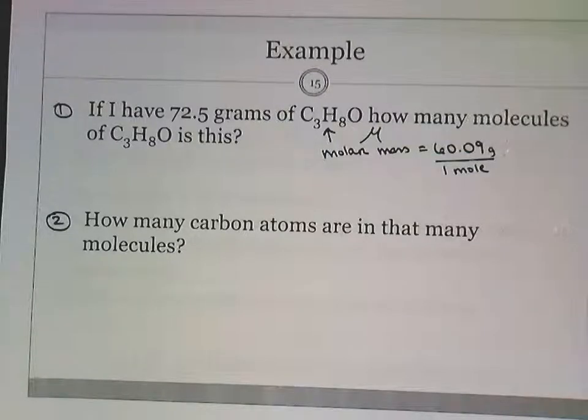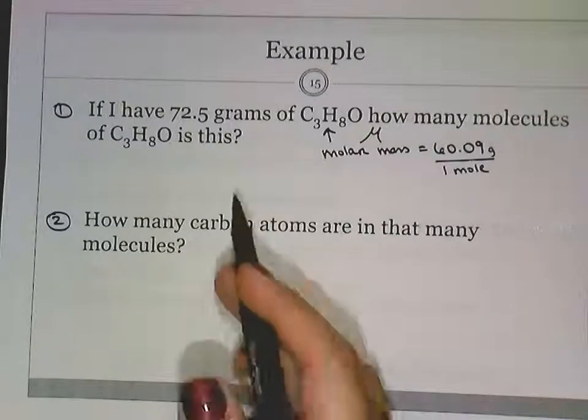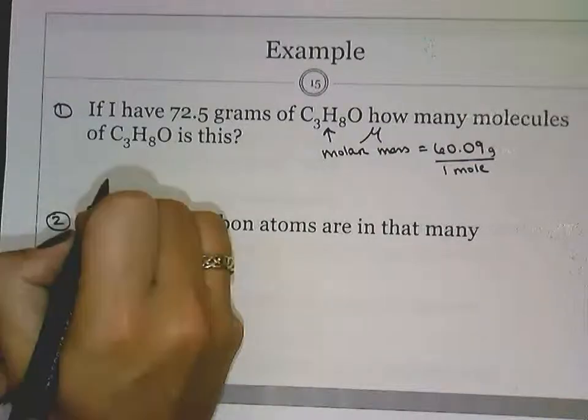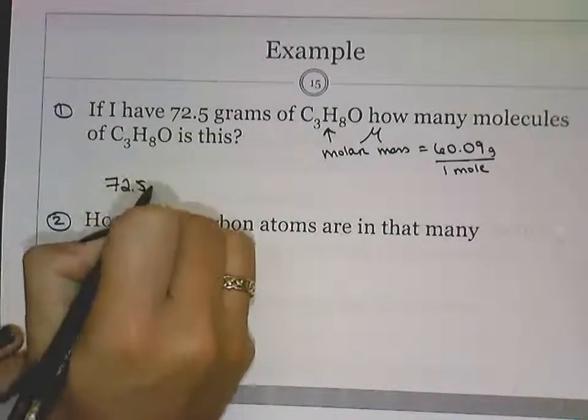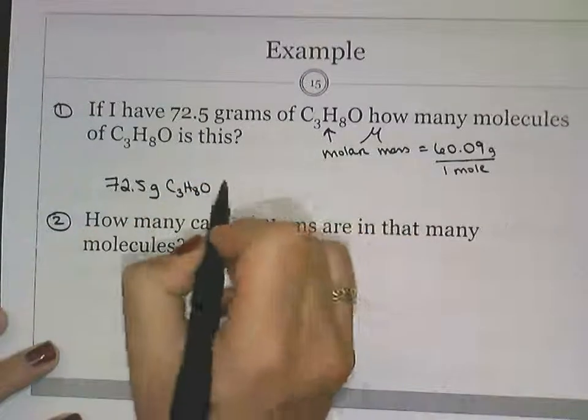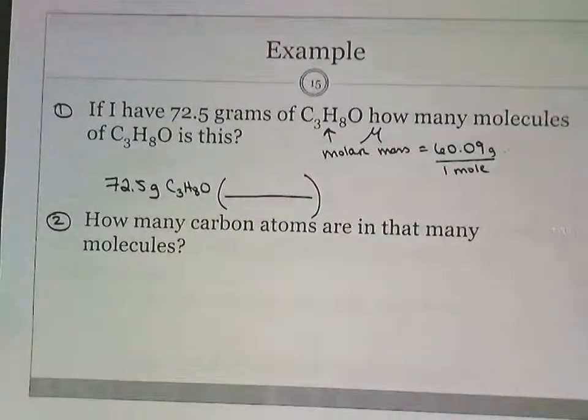All right, so if I want to start the first half of the problem, what units am I starting in? Where do I want to end up? Moles. So, I have 72.5 grams. What can I use to get out of grams and start moving to moles? That guy?